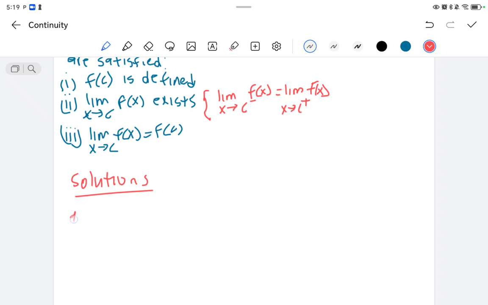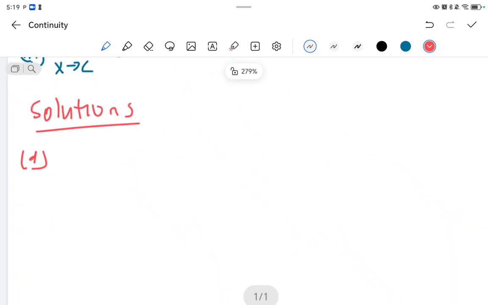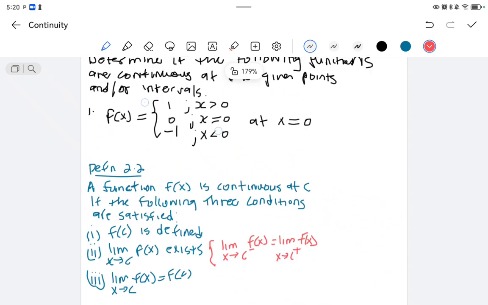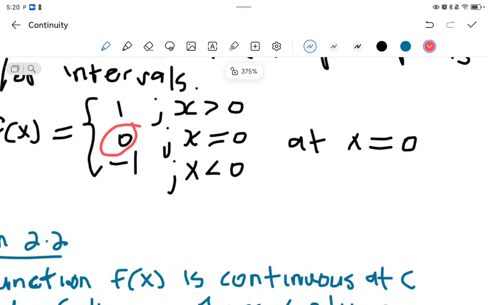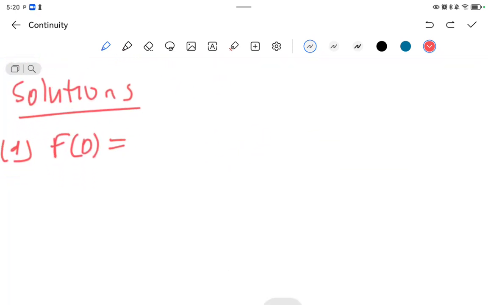So first on A, I'm going to check f of c. Our c there is 0, at x equals 0. When x is 0, I find that the function is 0. So I'm just going to write 0 there.